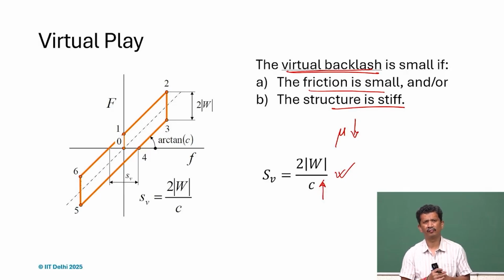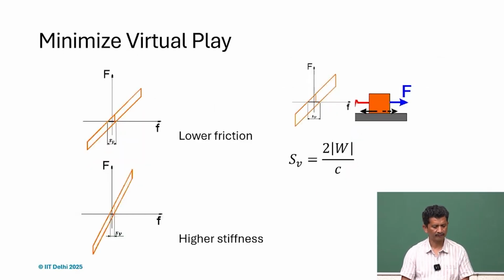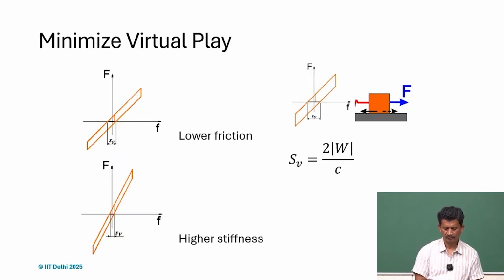And that's why many times we are talking about design for stiffness, designed to achieve higher stiffness. So if that is the case, then to some extent we can minimize this virtual play.